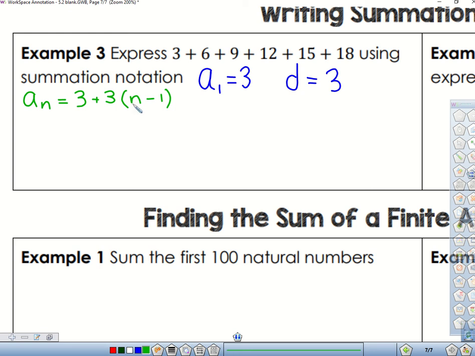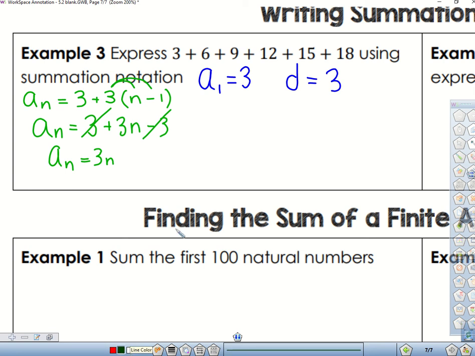And now what you're going to do is simplify this. So I'm going to simplify this by distributing the 3. That's going to give me 3 plus 3n minus 3. And what do you notice happens to the 3's? Good, they cancel out, leaving us with a sub n is equal to 3n. So we're going to hold on to that. We're going to use it.